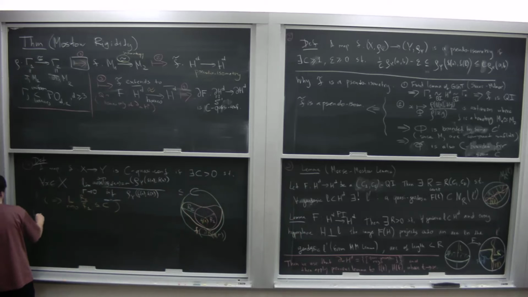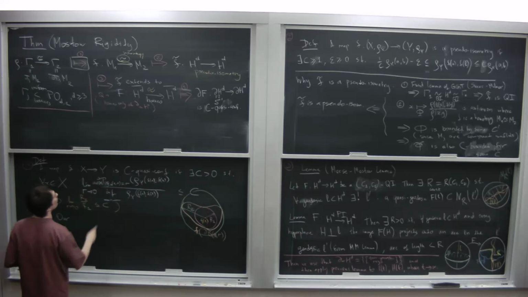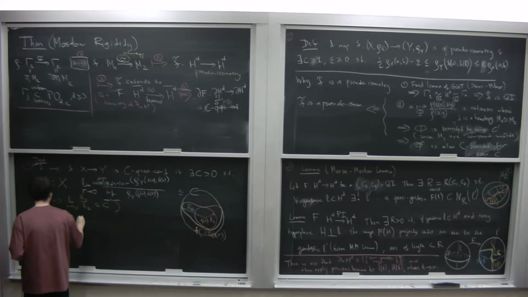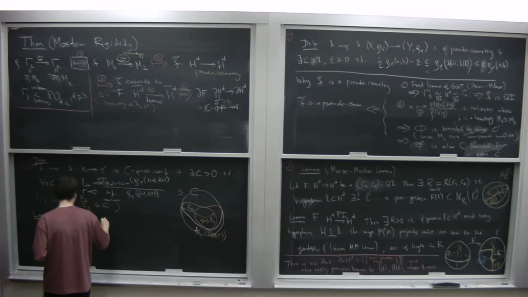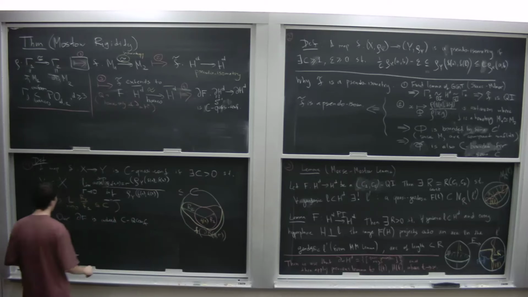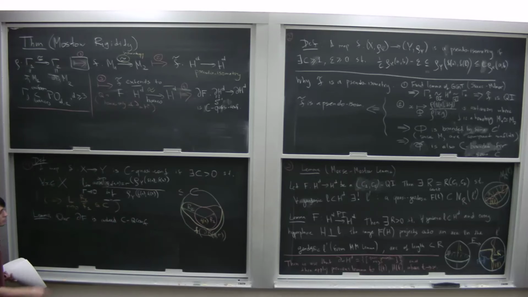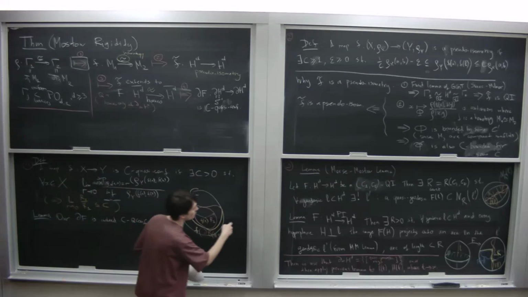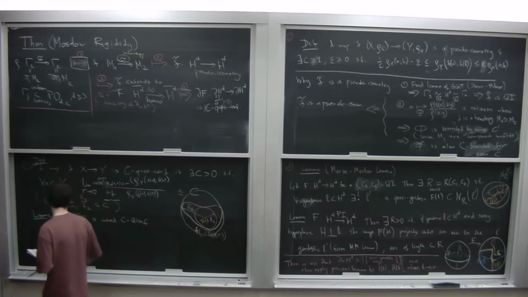Lemma: our f, our df is indeed C quasi-conformal, and this is basically based on lemmas from step 3.